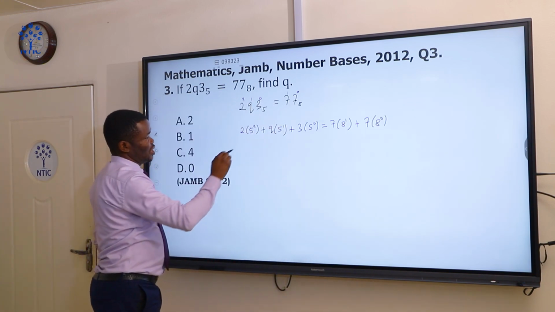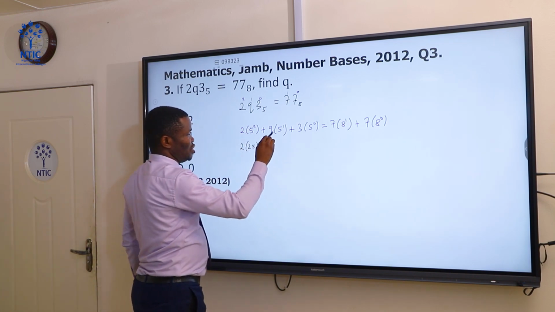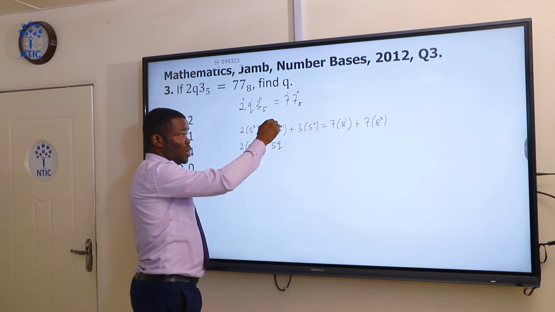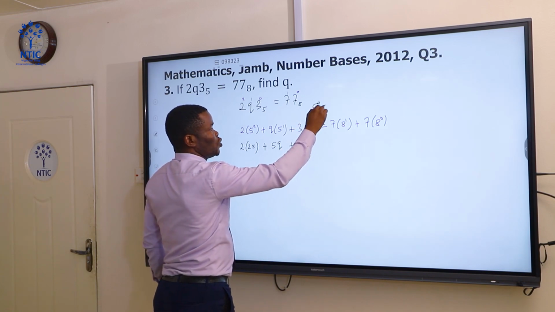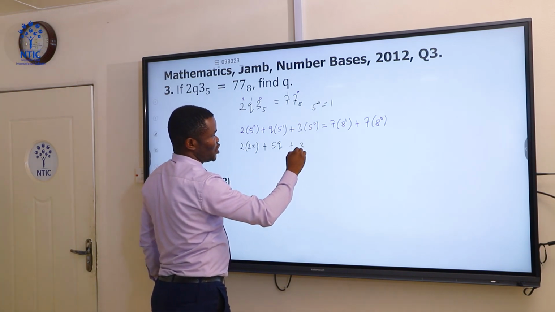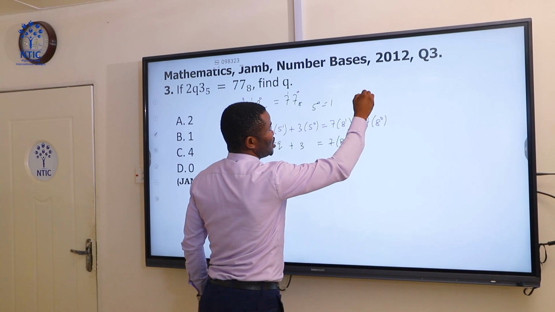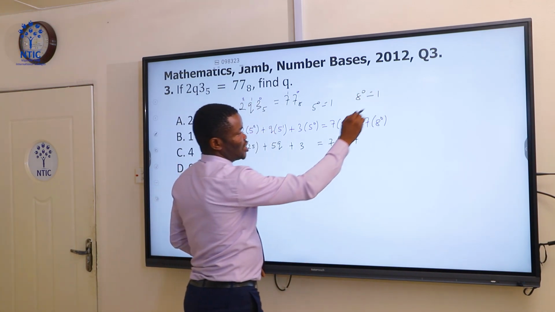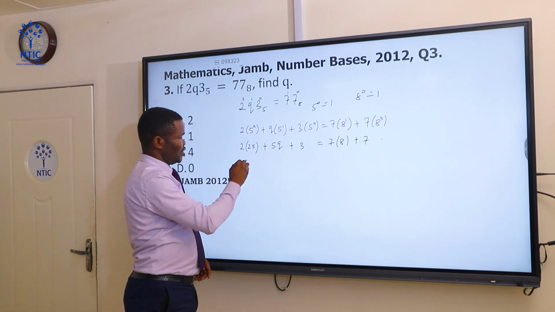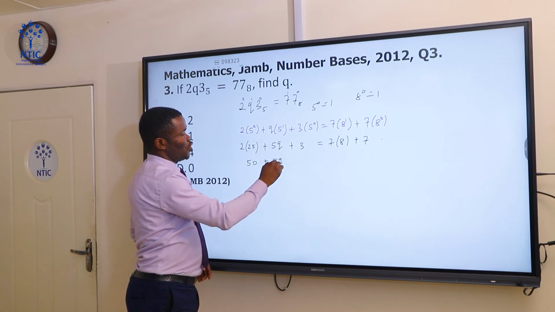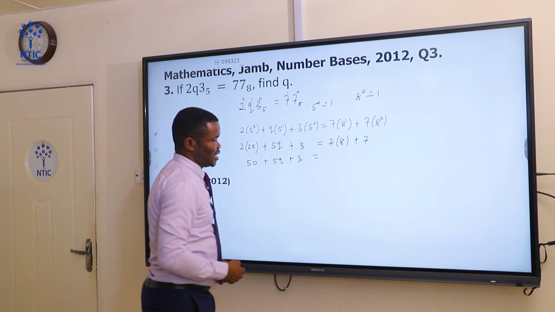So this becomes 2 times 25, because 5 times 5 is 25, plus 5 raised to power 1 is 5 times q, plus 5 raised to power 0 is 1, so 3 times 1 is 3, equal to 7 times 8, plus 8 raised to power 0 is 1, and 7 times 1 is 7. So 2 times 25 is 50, plus 5q plus 3 equal to 7 times 8.